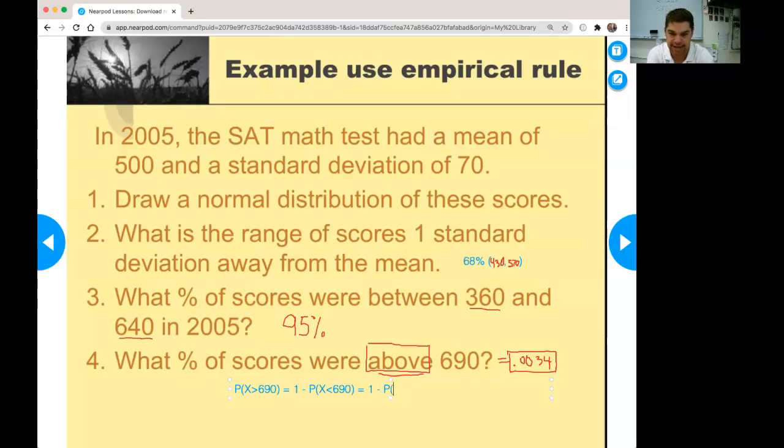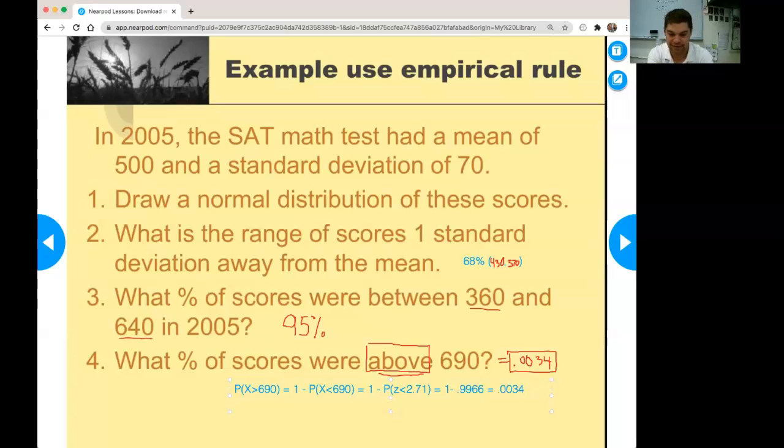So I did 690 minus the mean, and it was 2.71. So statistically, that's what you would have to do. That's all the math you would do.